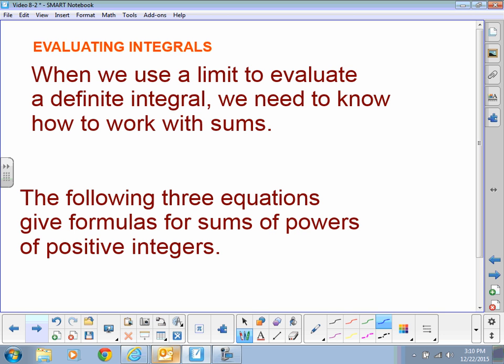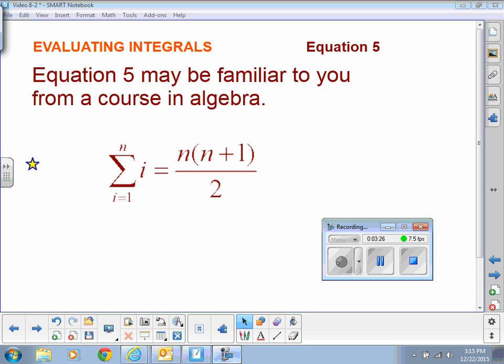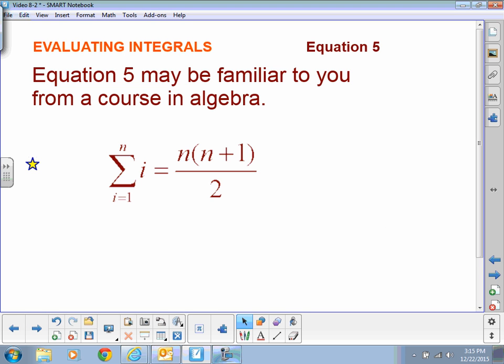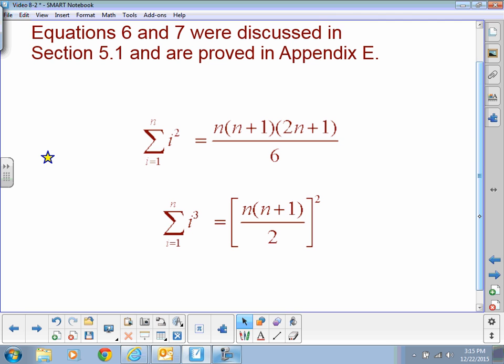So we will be working with some formulas that we saw in the previous video. Here's the first one when we just have i. We'll use these sum formulas today to evaluate an integral later in the video. Here are our other ones. This was our one where we're adding squares and adding cubes.